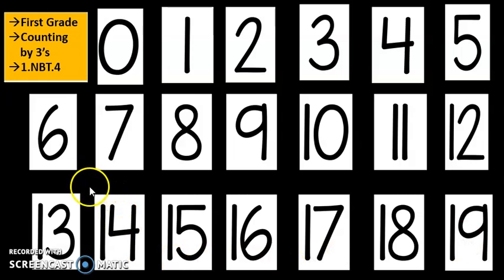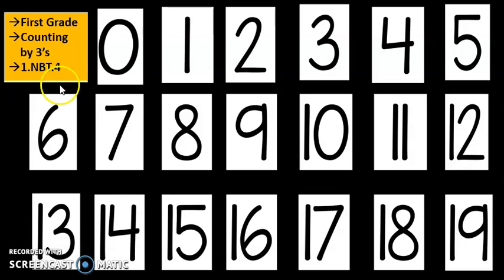Now, like Mr. Begay said, we're going to count by threes. In the previous videos, we learned how to count by twos. If you forgot, or if you need to remember how to count by twos, go back to the videos and rewatch those, so that way you can remember how to count by twos, because threes is real easy also.